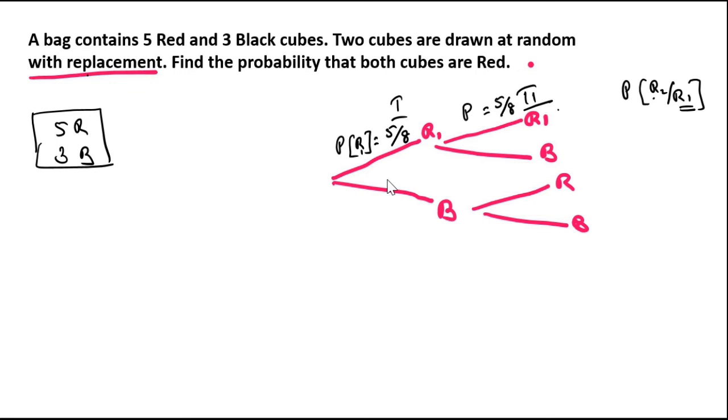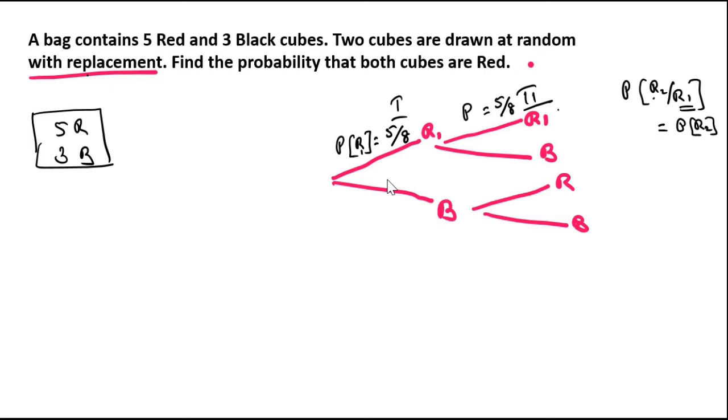Here the first red happened, we are keeping it back, so the probability is not changing. So probability of R2 given R1 becomes probability of R2 itself. It's not affecting the probability. What happened in the first case does not affect the probability in the second case.